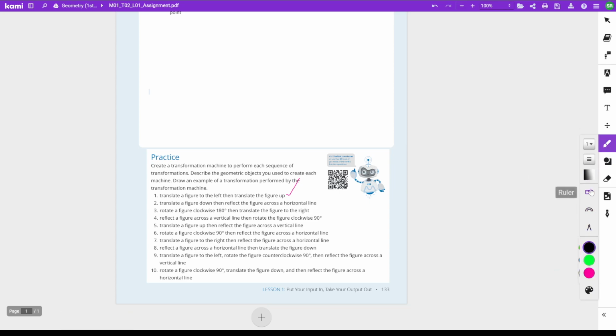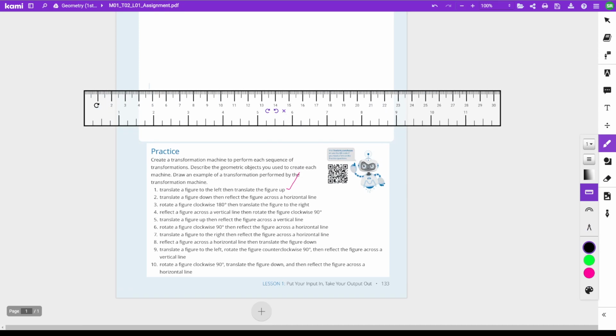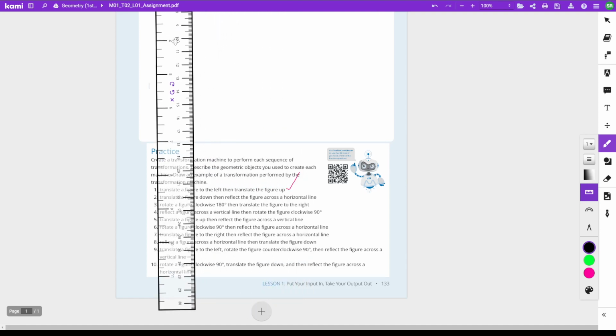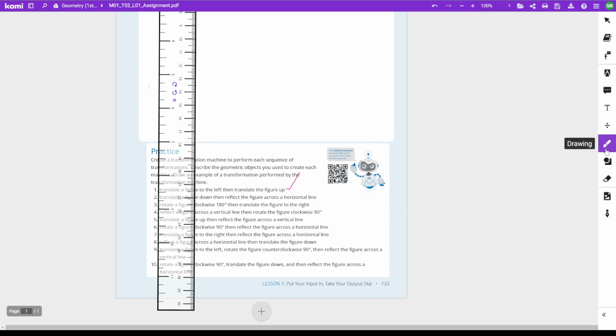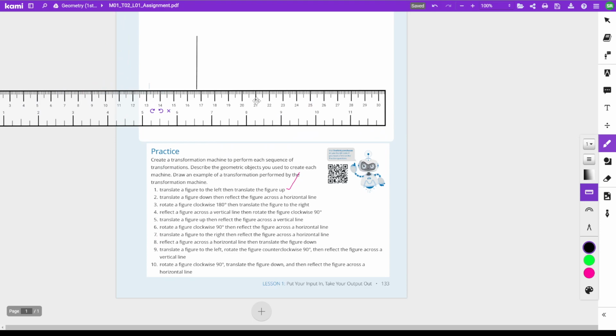So let's go back here. Let's grab our ruler, and let's rotate that to about 90 degrees, roughly. Okay, and then let's draw our line here, and then we're going to rotate it horizontally.